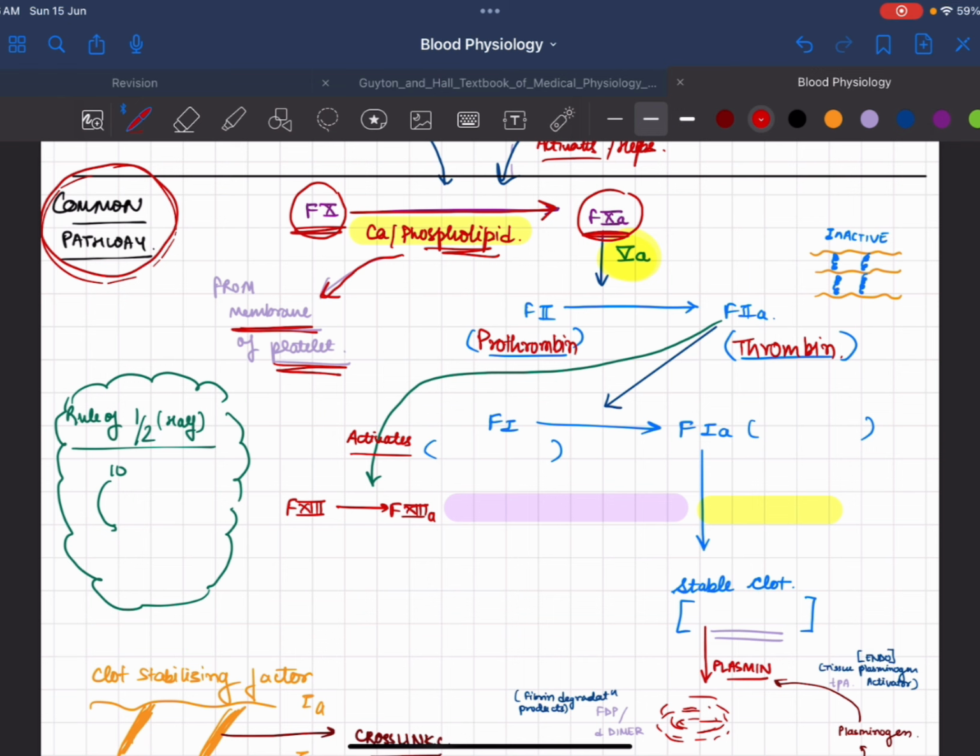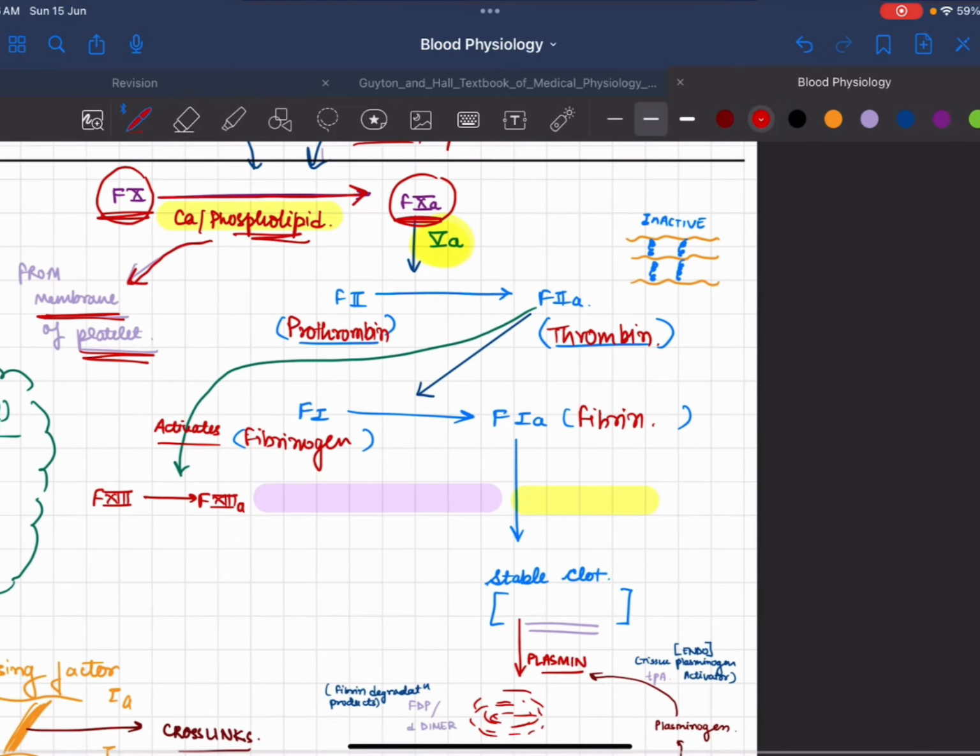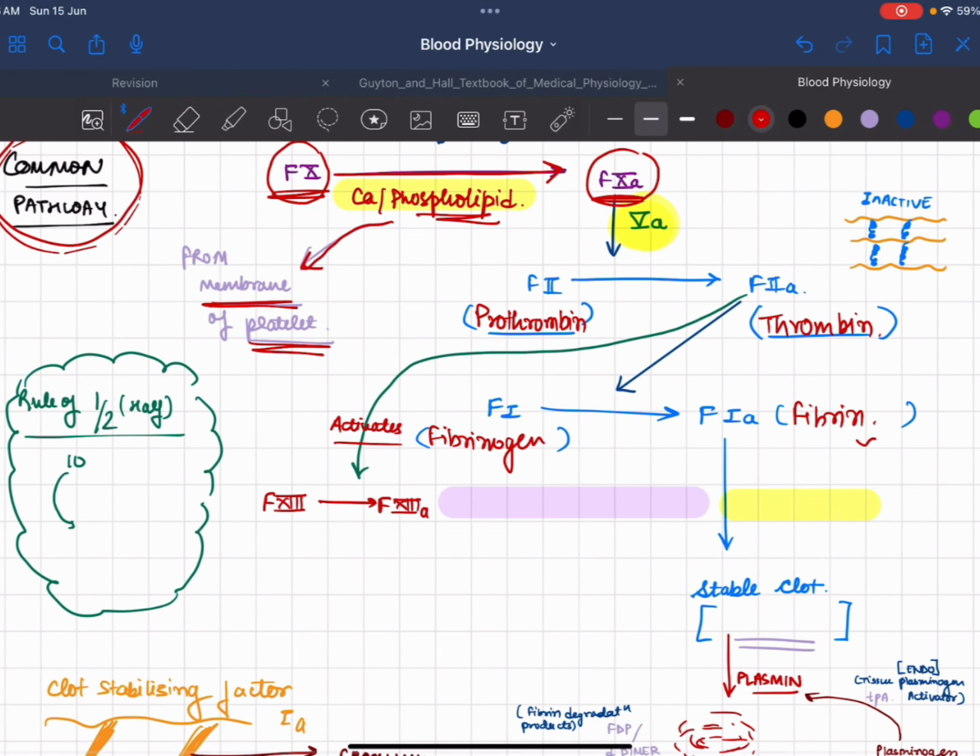What is 1? 1 is fibrinogen. And what is 1A? It is fibrin. Now there is this important thing that fibrin is the inactive form, which is converted to a stable clot.